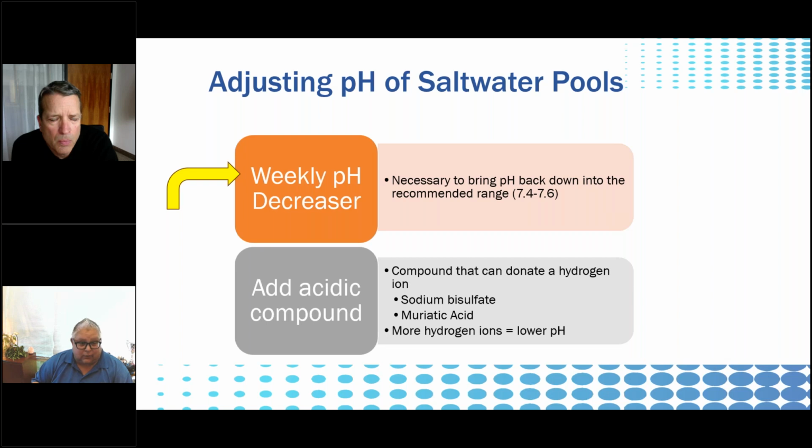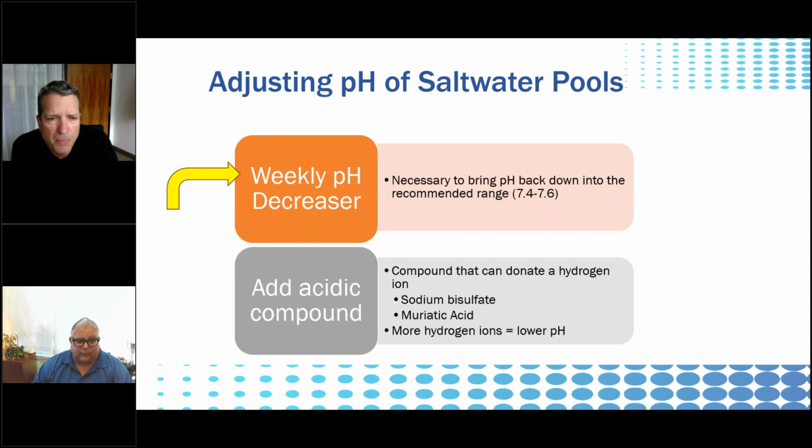If you let pH go and you don't adjust it at all, it's just going to continue to get higher and higher and higher. And then I start to get calls of people saying, I've got 10 parts per million of chlorine in my pool and it's turning green. How is that possible? Well, my first question for that is always going to be, what is your pH?